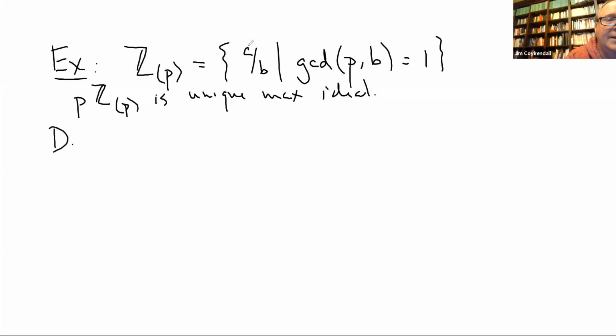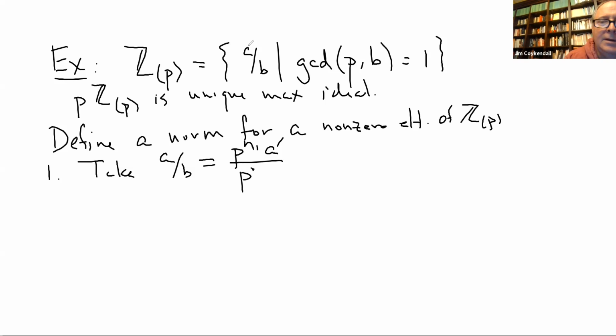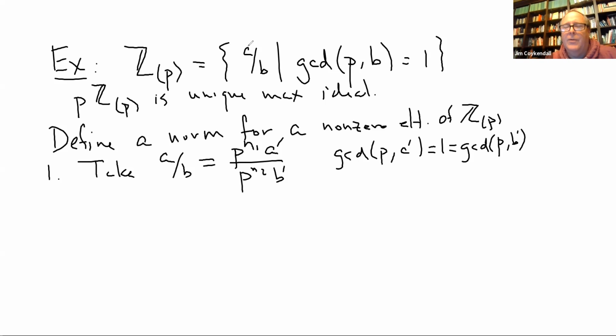So we're going to define the norm, and let me point out first: take a over b and write it as p^n1 a' over p^n2 b', where now the first thing I've done in this first part of the construction is I've basically jerked out every factor of p that I can find in a.